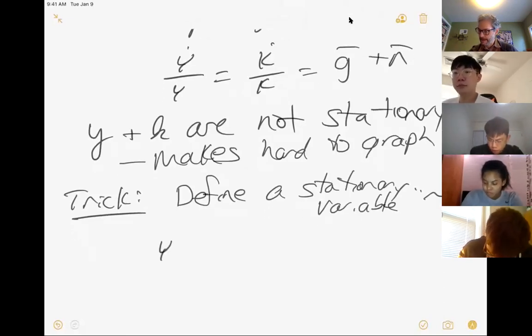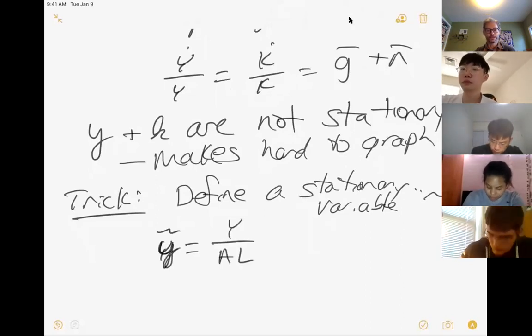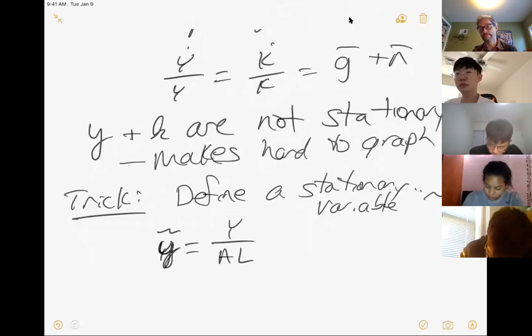And so we defined, sorry, there should be little y tilde as capital Y divided by A times L. So instead of just dividing by L, which is little y, we divide by A times L, which is little y tilde. And we defined little k tilde.